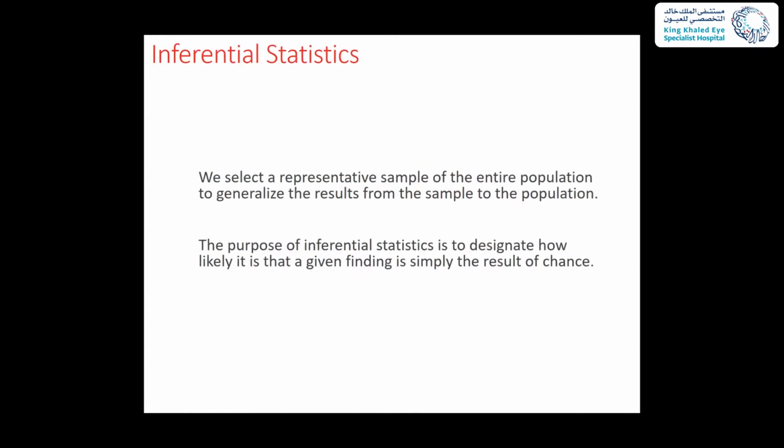So we select a representative sample of the entire population in research in order to generalize the results from sample to population. It's not feasible to do the study on the entire population, so that's why we do it on a sample. This sample should be representative, but it is tied by the issue of significance.